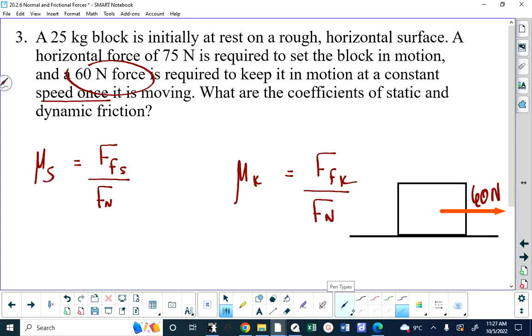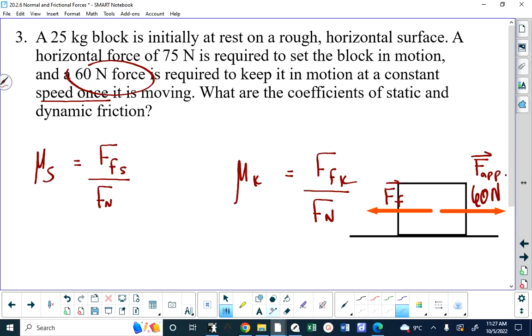But if it's not moving in a way that speeds it up or slows it down, there has to be a balanced horizontal force backwards. So this is the force of friction. This is the applied force. But they have to be equal, right?